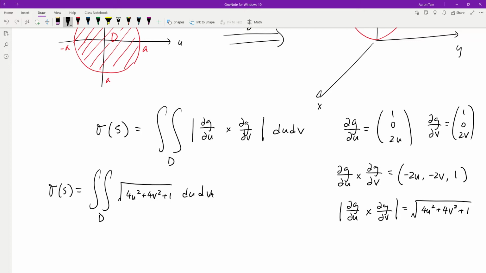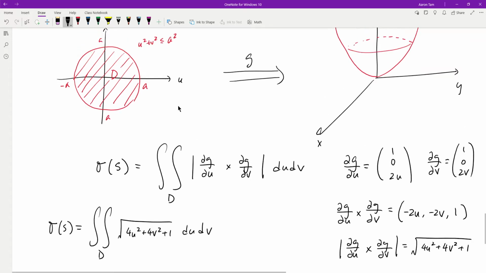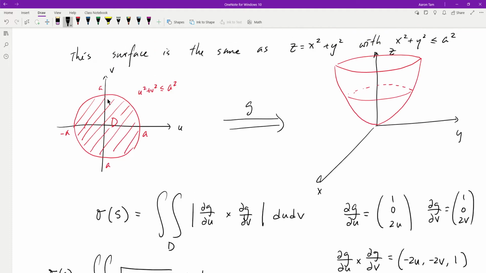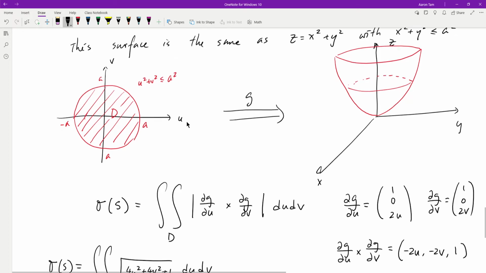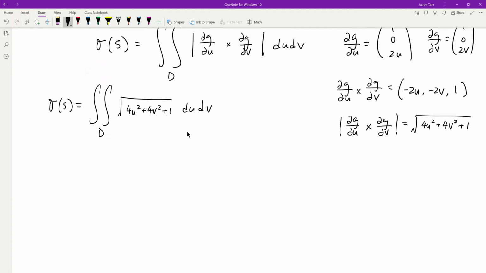And that's actually a pretty difficult integral to do because of the u squared and the v squared. However, if I'm thinking about this correctly, we are integrating over a circle on the UV plane. And lucky for us, we learned something back in chapter 7.4, called change of variable, which allows us to use a different coordinate system so that I can set up my integral in a better way and actually integrate it.